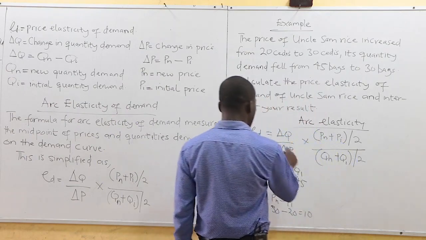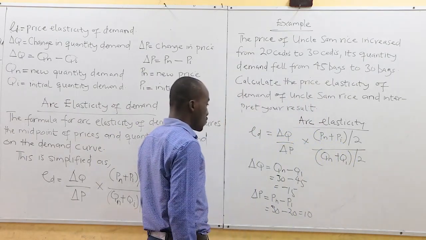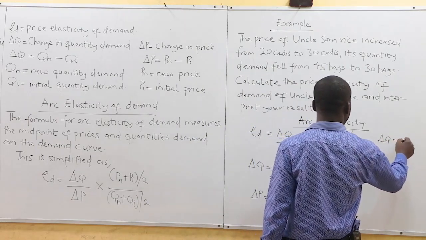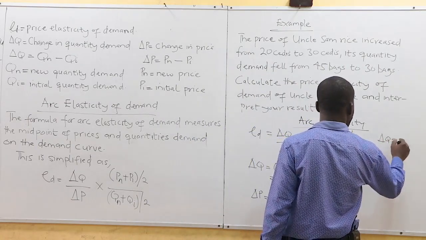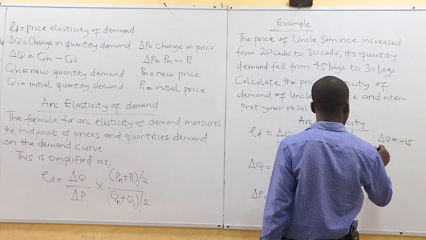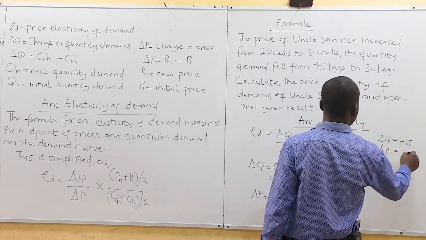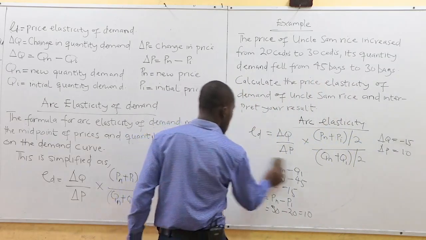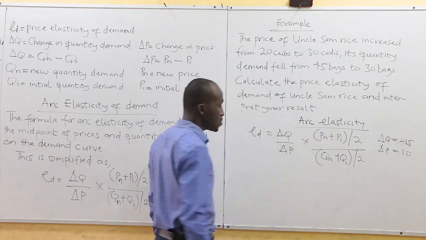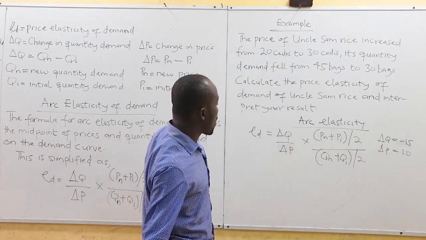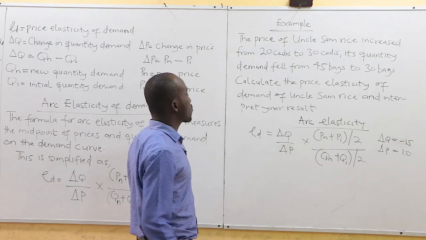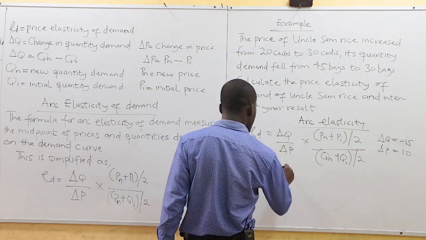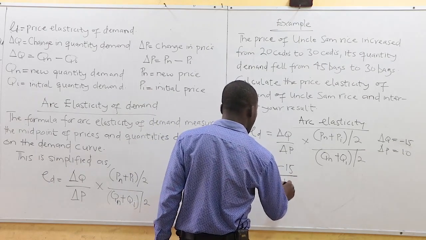So if you want to put it in the formula, change in Q is negative 15. Change in price is 10. Change in quantity is negative 15 and change in price is 10.